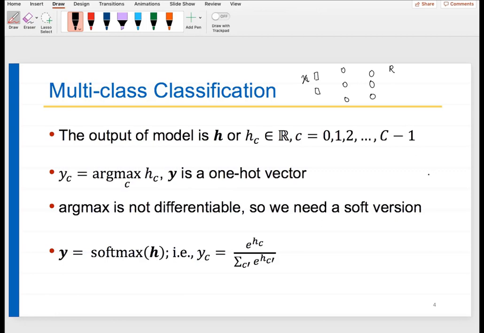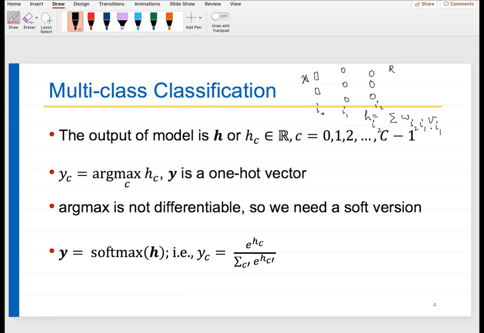basically if you remember from last discussion, what was the rule which we used? That my class is argmax of Hc. H is basically the output here, let's say this is i0, i1, i2. So H_i2 is equal to W_i2,i1 V_i1 summation plus the bias.